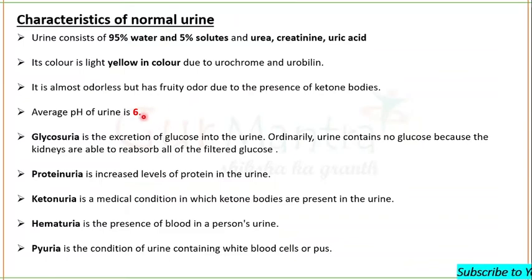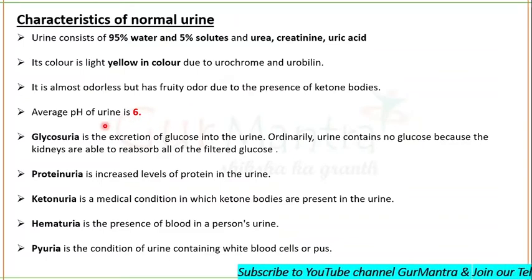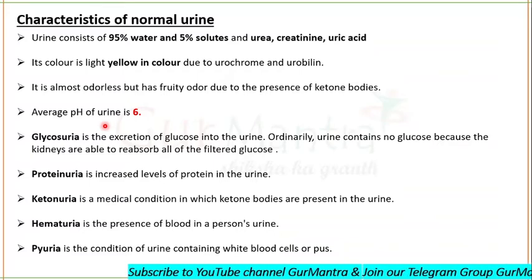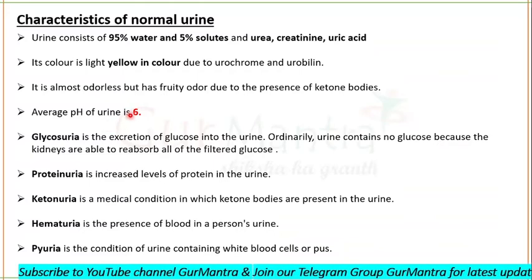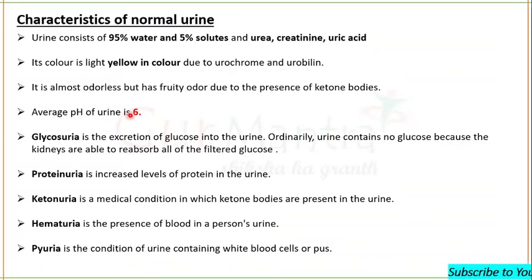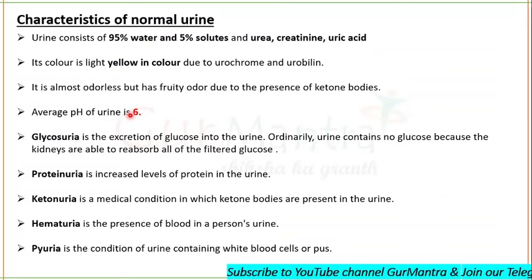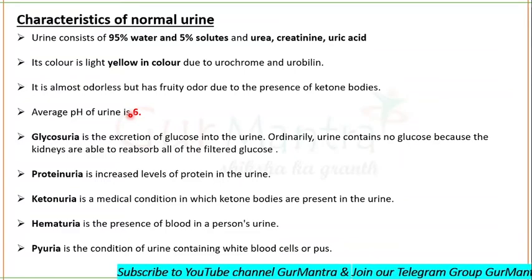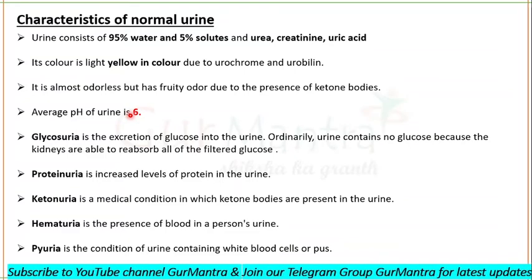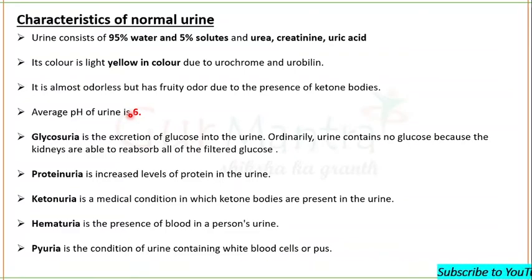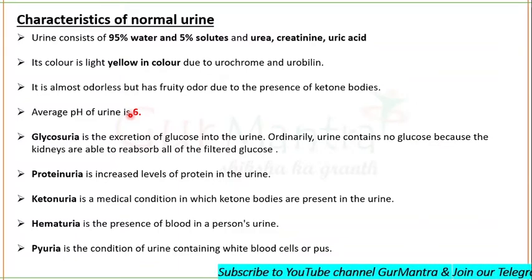And then comes the pH of urine. The pH of urine ranges between 4.5 and 8, but we take the average, which is 6. So we can say the urine is slightly acidic, and the pH varies considerably with diet. If you are taking enough proteins, these proteins will increase your acidity.